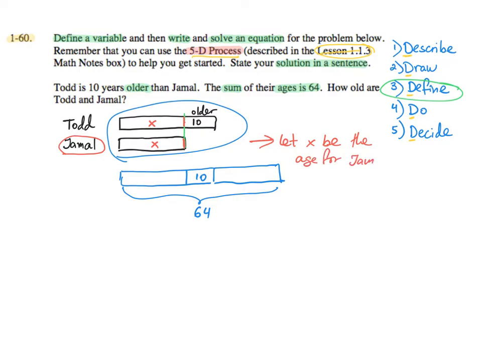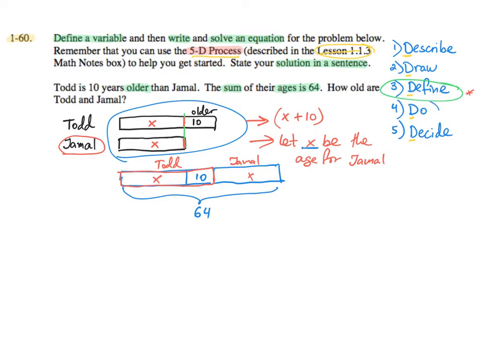So this is me defining the letter X. That means Todd is an expression of X, which is X plus 10. So that's the expression. Now if I look at the total, I have X here and X here, and the first one, X plus 10, is Todd's picture, and then Jamal is just the X. So that's what defining means for the X.